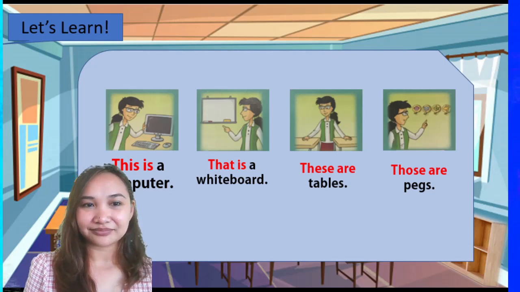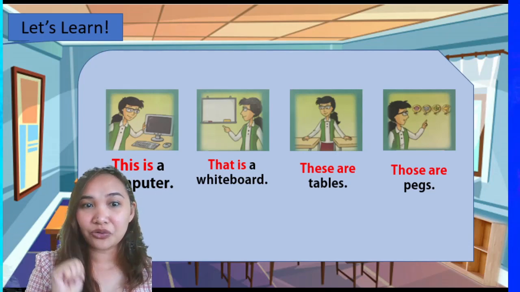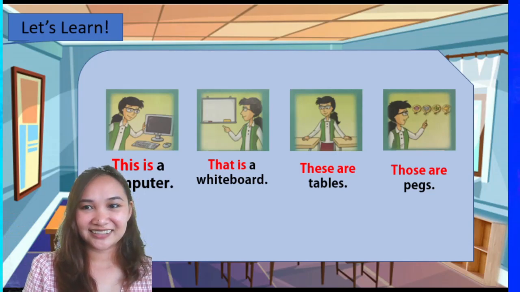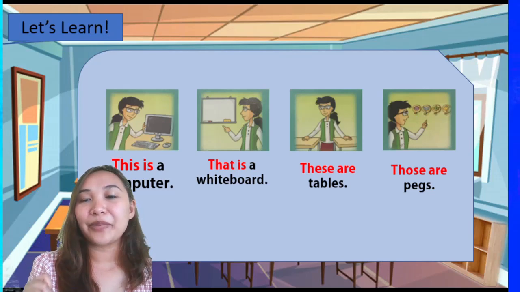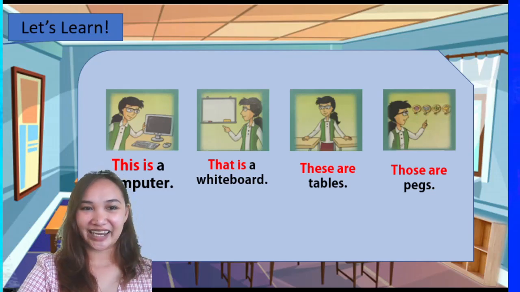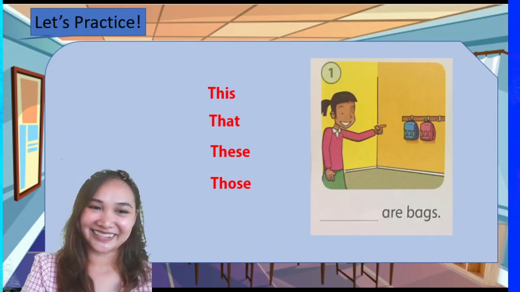And the last example, she is pointing again to the four objects. So she says, those are pegs. Very good. Let's practice.